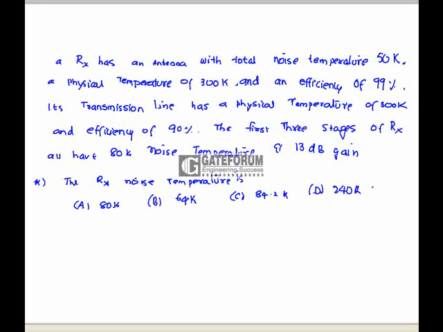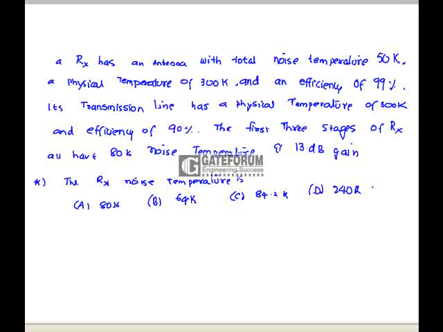An antenna with a total noise temperature of 50 K and the physical temperature of 300 Kelvin and an efficiency of 99%. Its transmission line has a physical temperature of 300 Kelvin and efficiency of 90%. The first 3 stages of receiver all have 80 K noise temperature and 13 dB gain.